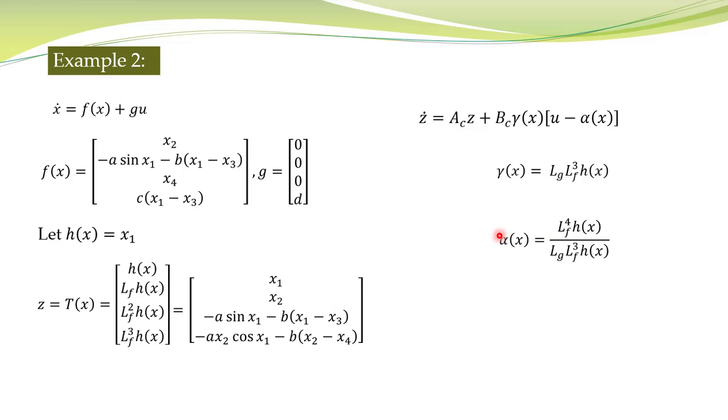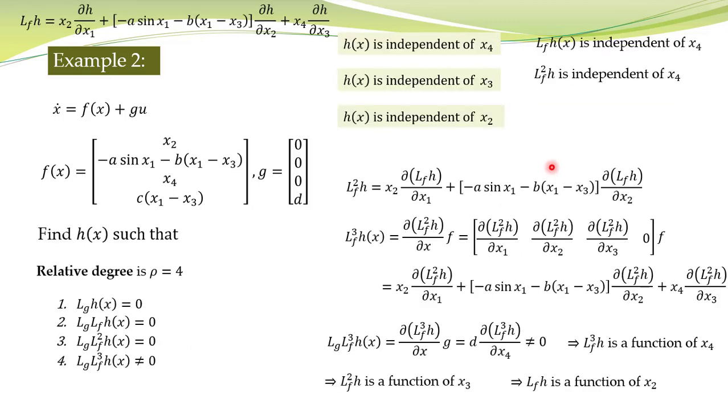So these two examples demonstrate how to determine whether a system is feedback linearizable or not. If yes, then how to find an h of x which has relative degree equal to n. So here these examples give you some guidelines, but it is my personal observation that most of the time hit and trial also works, which is much simpler in many cases. Here the derivation of these guidelines is also tedious, and in many cases just hit and trial also works.